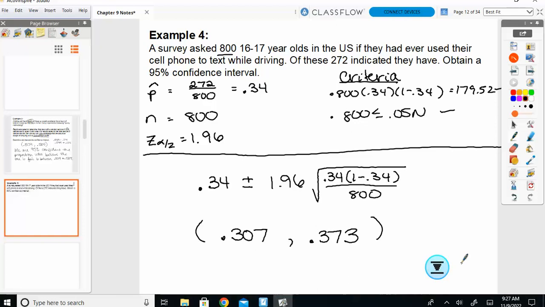So I get 0.307 and 0.373. So I'd be 95% confident the proportion of teenagers who have texted while driving is between 0.307 and 0.373. Will we always have to write a sentence with it, or only if I say interpret? Okay.